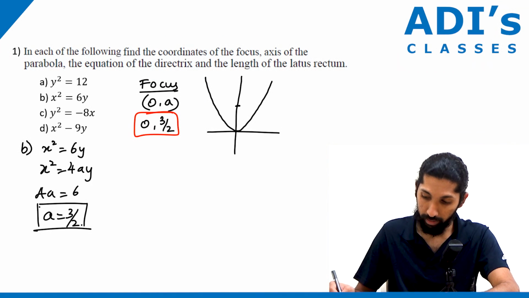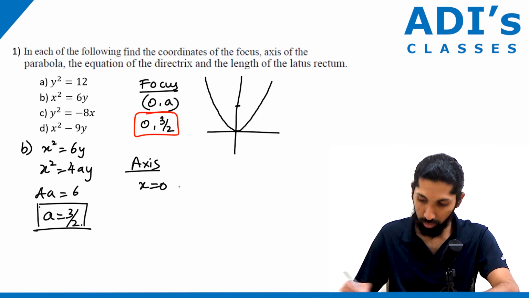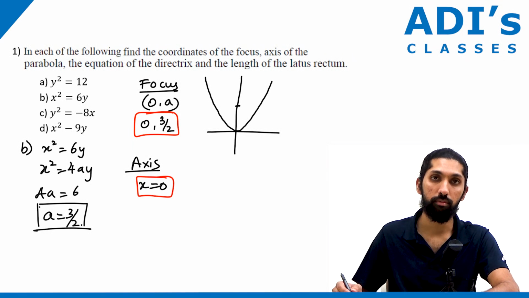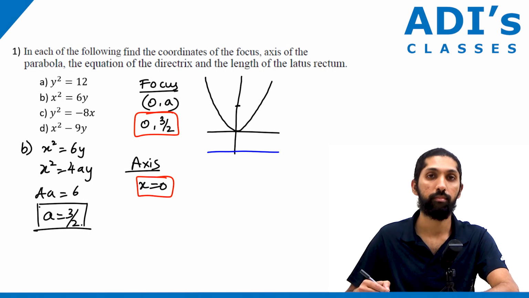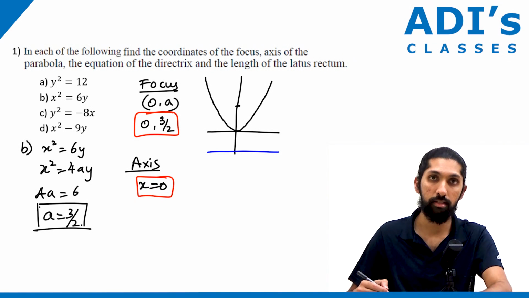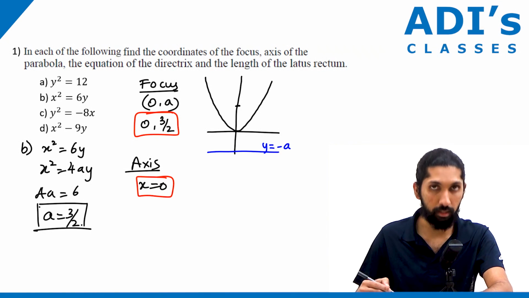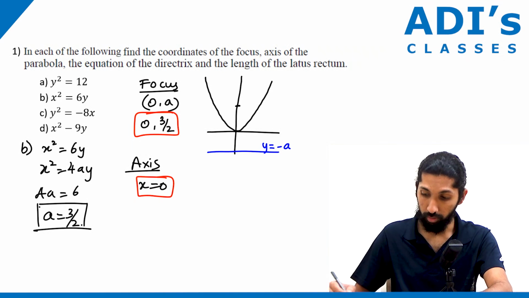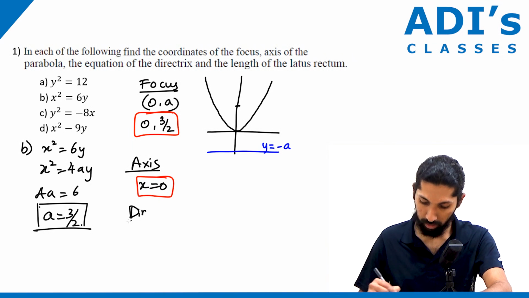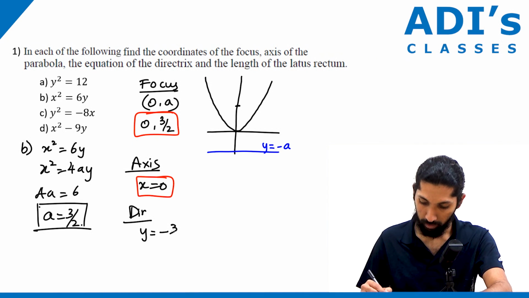So the axis is x is equal to 0 because it's the y-axis. Now the directrix is below the x-axis, so you get y is equal to minus a. That's the equation of the directrix. The value of a is 3 by 2. So the directrix becomes y is equal to minus 3 by 2.